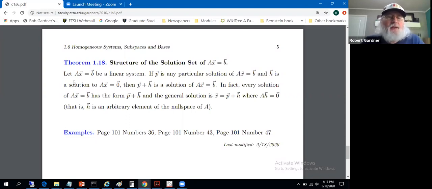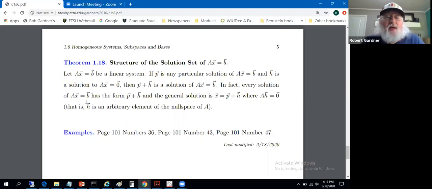Okay, claim is let Ax equals b be a linear system. If p is any particular solution, that's why they're using vector p, of Ax equals b. In other words, we have the fact that A times vector p equals b. It's some solution.